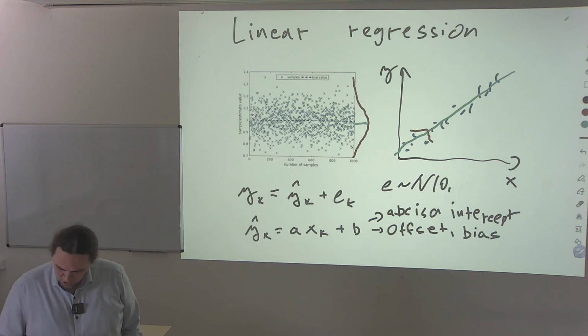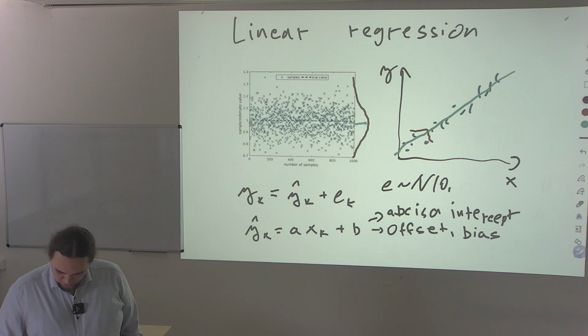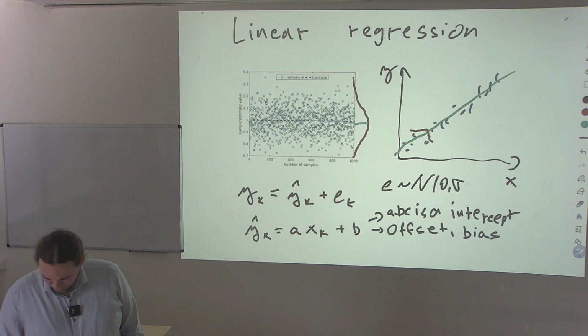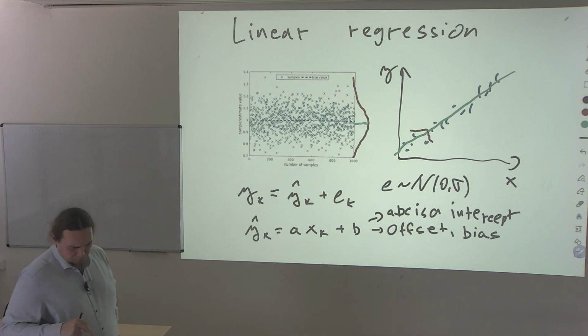We have zero mean, so let's say our sensor is good on average. On average, it gives us the true value of what we try to measure, and we have some estimation noise, some standard deviation of this noise.